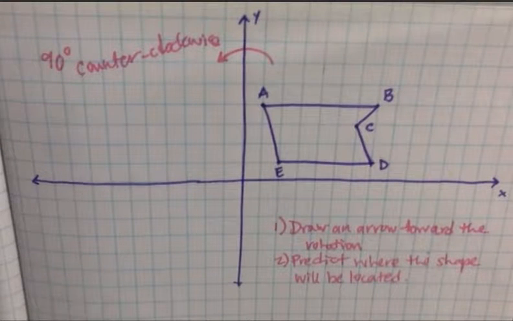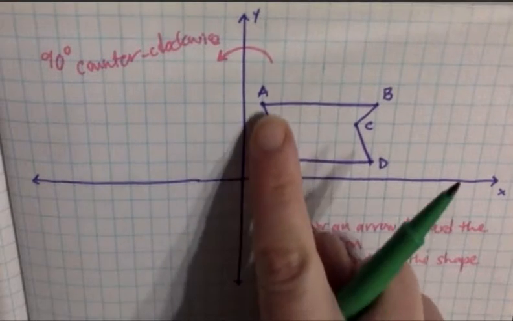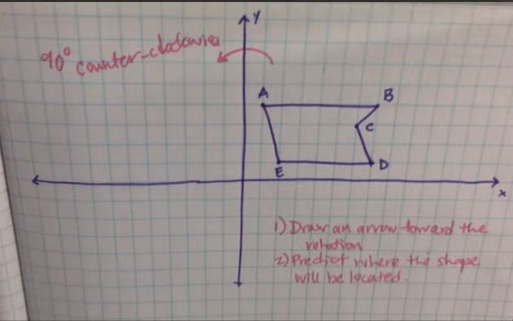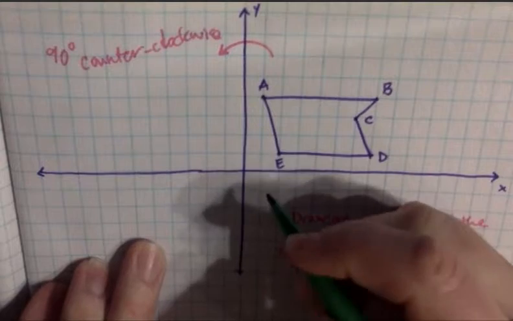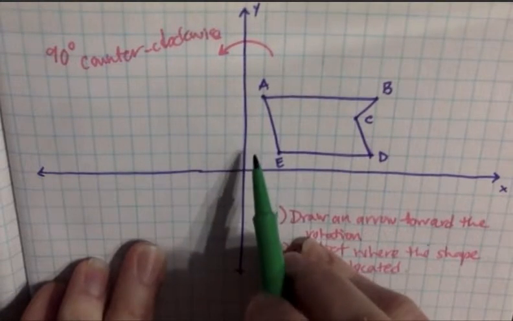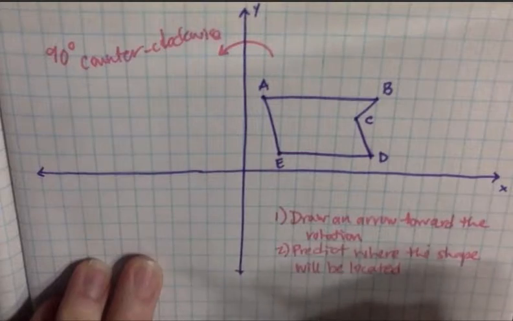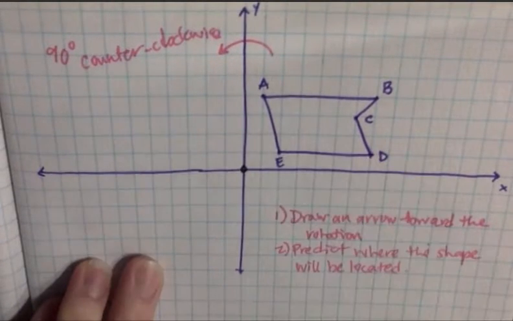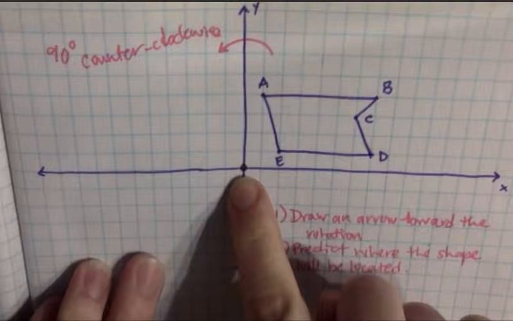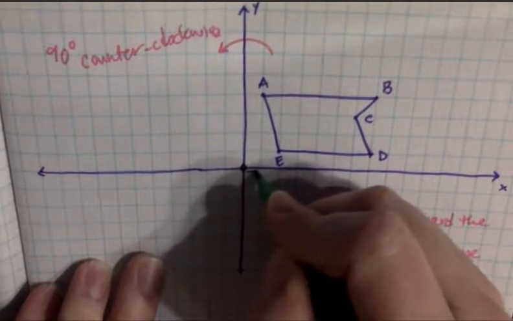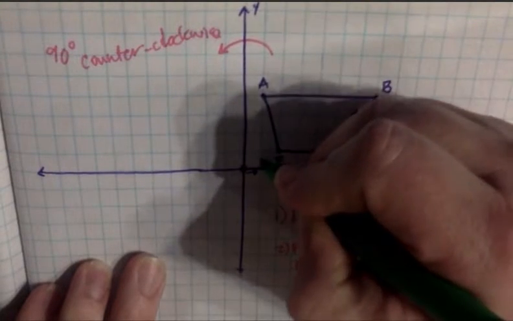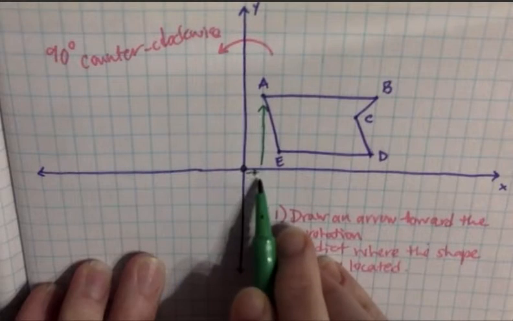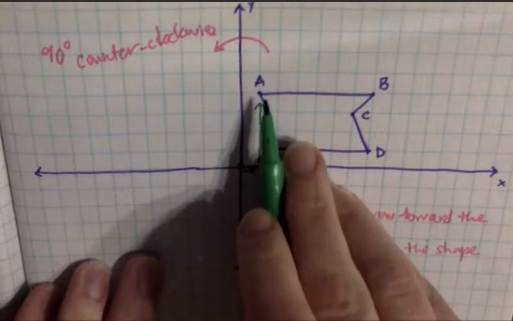Okay, so now last but not least, we're going to start actually rotating each and every one of these points. This is probably the hardest part, and rotations are difficult in understanding what we need to do each time. I like to look at them in terms of their x and y and where they are based on their center of rotation. We're going to rotate it about the origin, so we're going to rotate it around this point. Based on this point, I am going over 1 unit to the right and up 4 units.